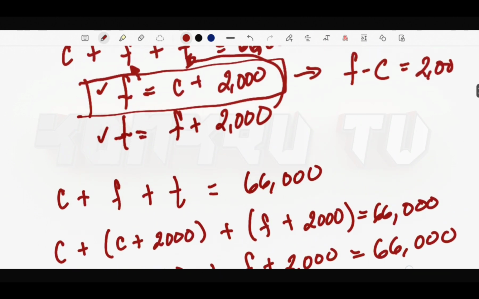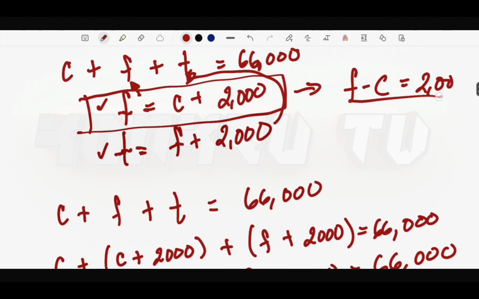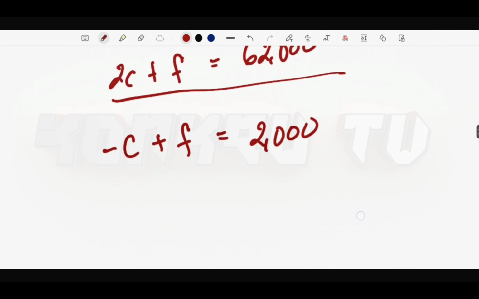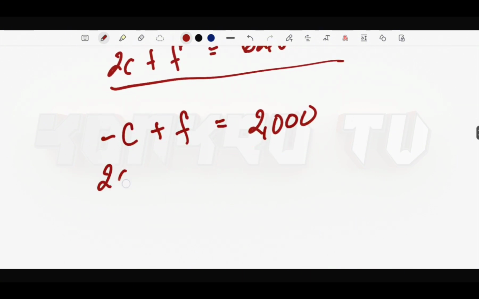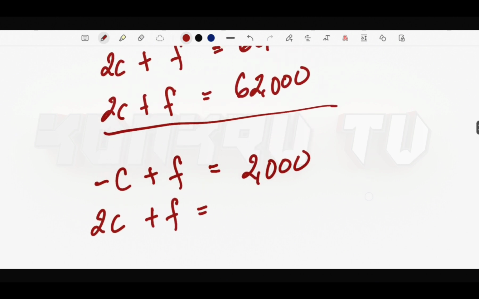Okay, so binaliktad ko lang ito ha. So parang magiging negative C plus F equals 2,000. Okay. Then we have 2C plus F is equal to 62,000.